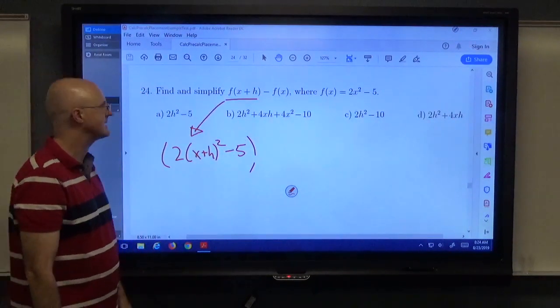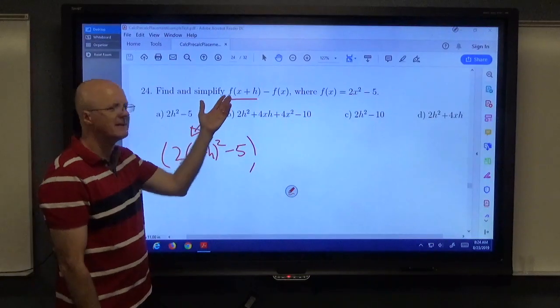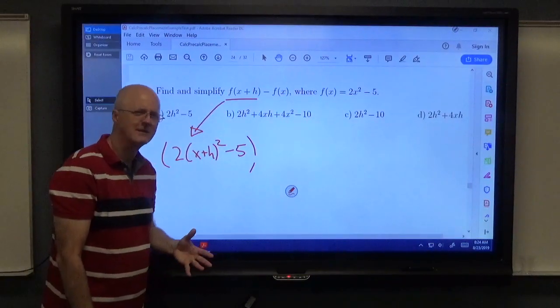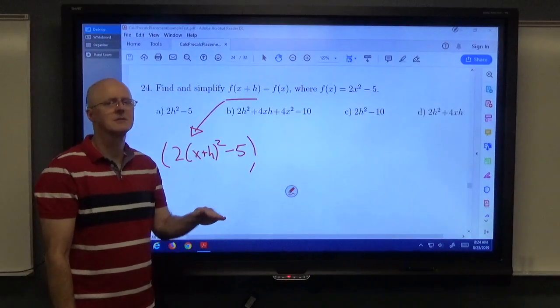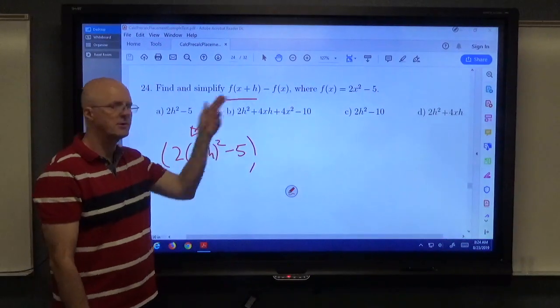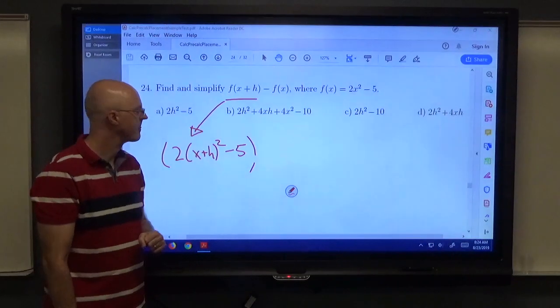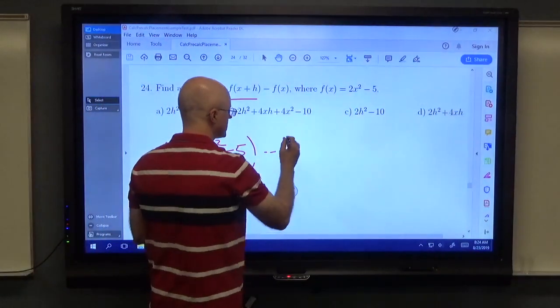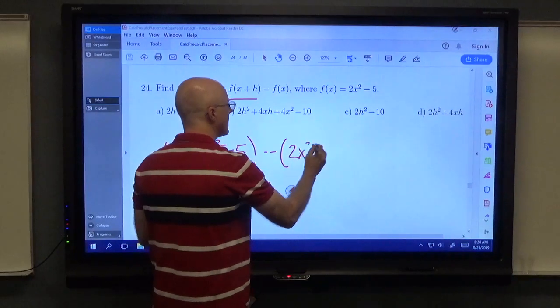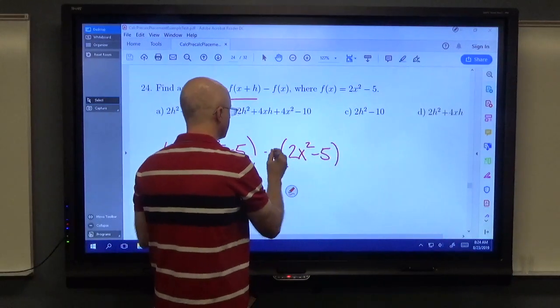It's a common mistake to think this is maybe f of x plus f of h or something. There you'd be treating f like a number, but no, it's not a number. There's no distributive property to use here. Minus f of x, minus this expression, use parentheses. I'm subtracting the whole thing.